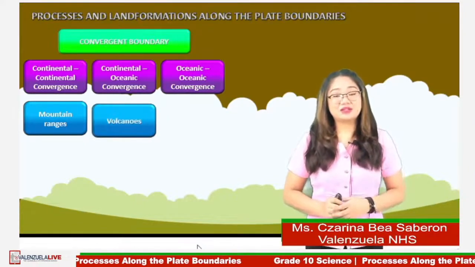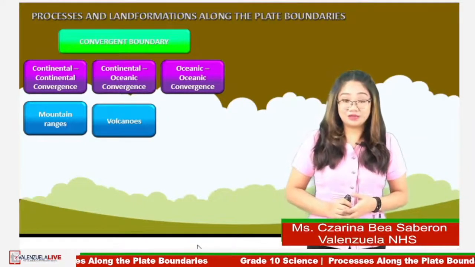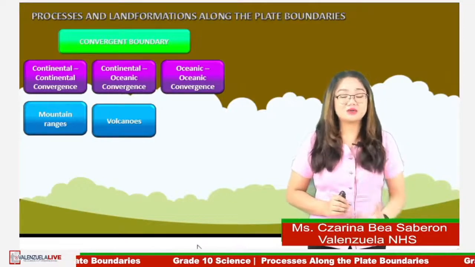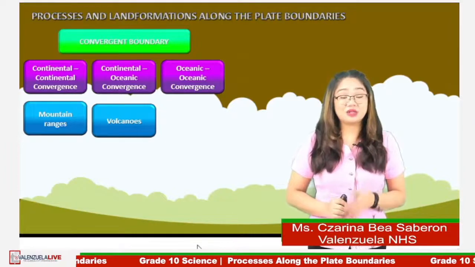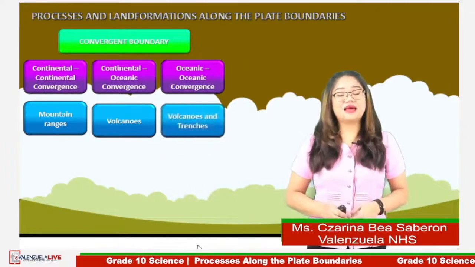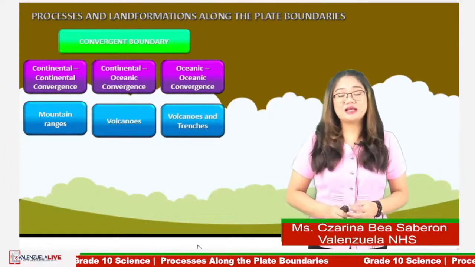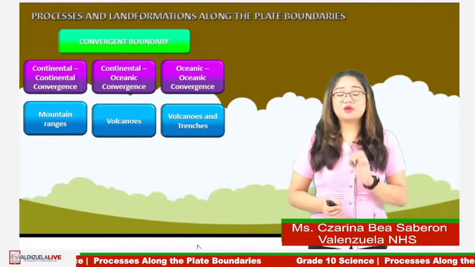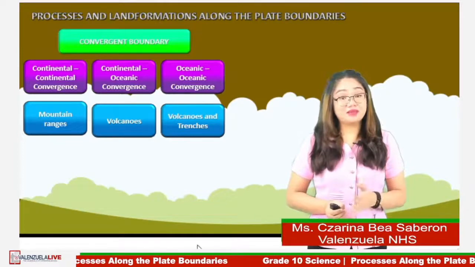Next, continental-oceanic convergence could give rise to volcanoes. And the last type of convergence could lead to the formation of underwater volcanoes and trenches, of course.